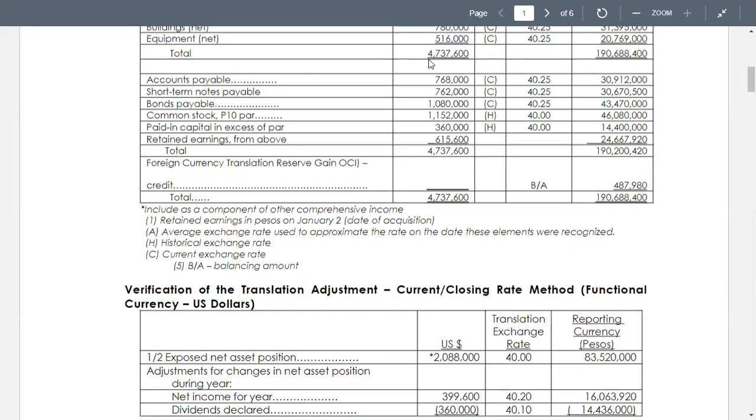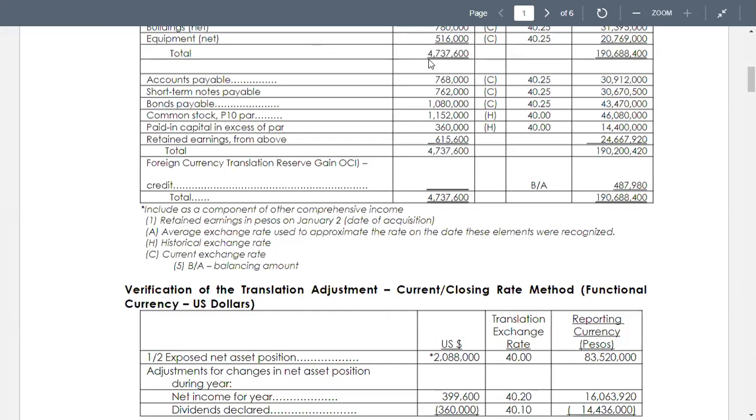By the way, we use abbreviations here. We use capital letter C for the current rate, H for the historical rate, and A for the average rate.